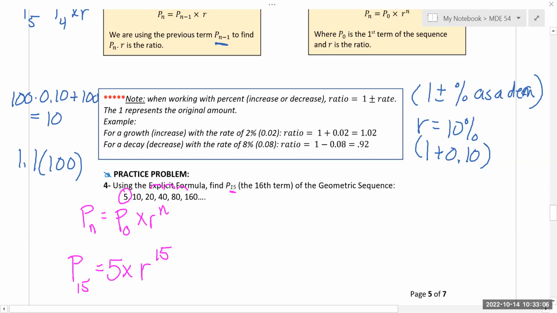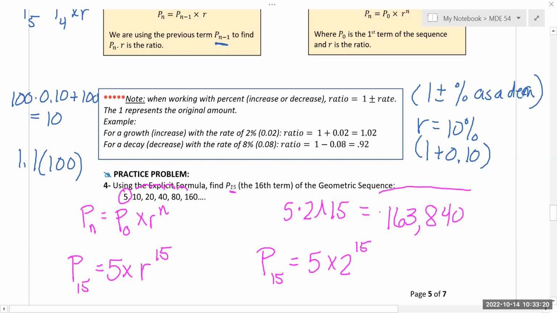Now R we already said is 2. So it's going to be P of 15 equals 5 times 2 to the 15. 5 times 2 caret 15 gives us 163,840. It's growing very quickly. Okay. So make sure you don't have any questions on that.